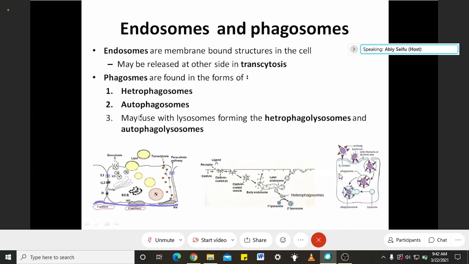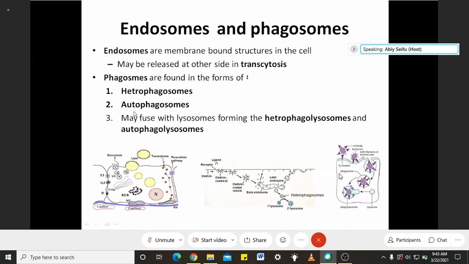These heterophagosomes are those which are internalized from outside. But we can also have part of the cell itself wrapped by a membrane and make what are named as autophagosomes. The auto is indicating self.